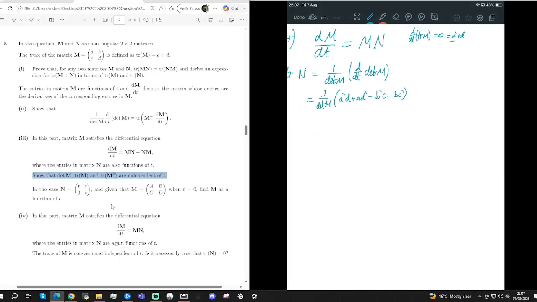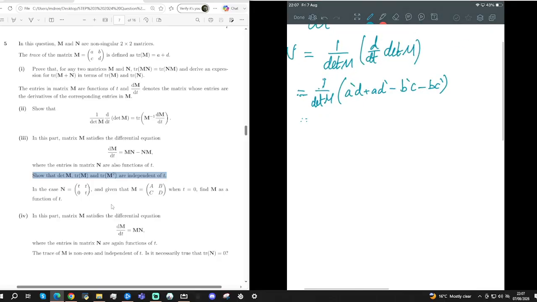But we know that A dash equals negative D dash, so we can replace that term with negative D dash D.